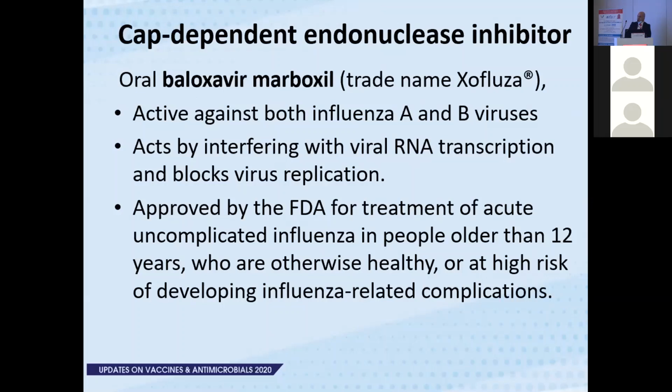It acts by interfering with the viral transcription and replication. It is approved by the FDA for the treatment of acute uncomplicated influenza in people older than 12 years who are otherwise healthy or at high risk of developing influenza-associated complications.